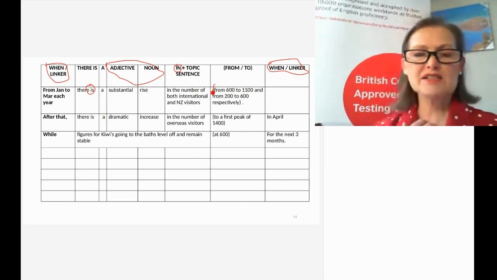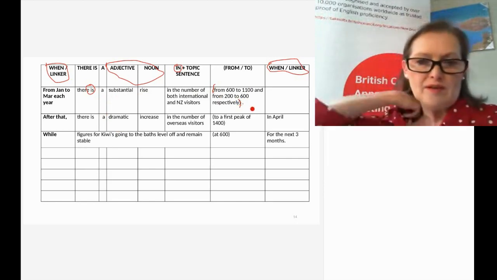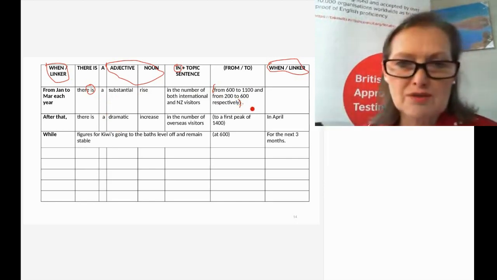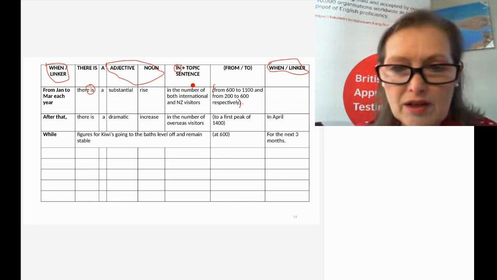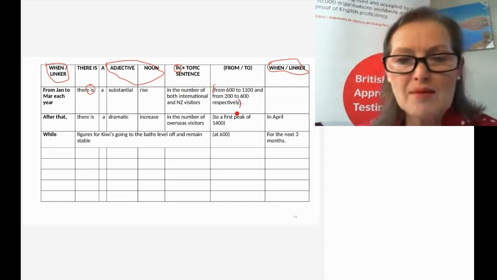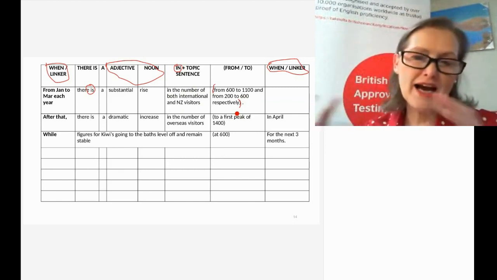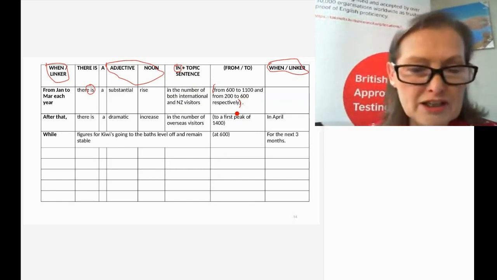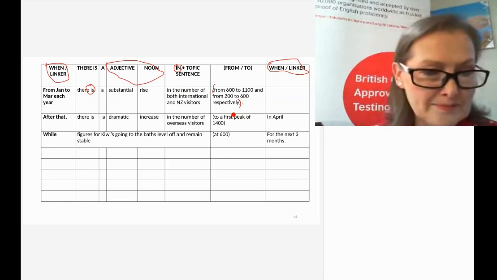It just kind of makes it read better because there's quite a lot of information with my topic sentence and then running straight into how much, talking about my figures. But if I put them in brackets, it kind of tidies up the trouble that I could run into writing all of that together.